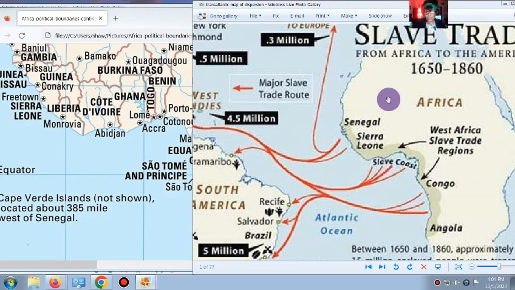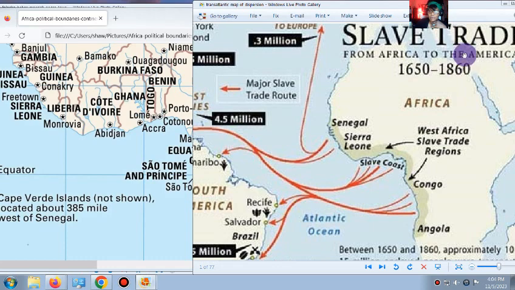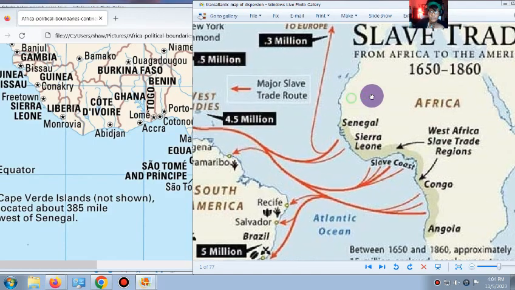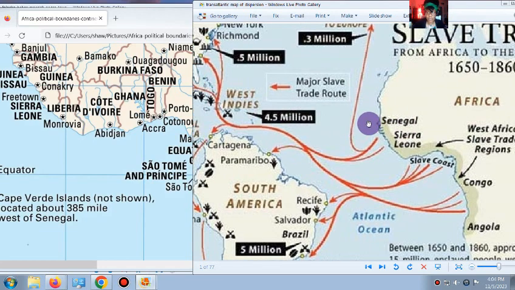Anyways, this particular map shows the slave trade from Africa to America, 1650 through 1860. It's the West Africa slave trade region, the slave coast. It shows how they took us from different countries and took the tribes from these particular countries in West Africa, for instance Senegal.